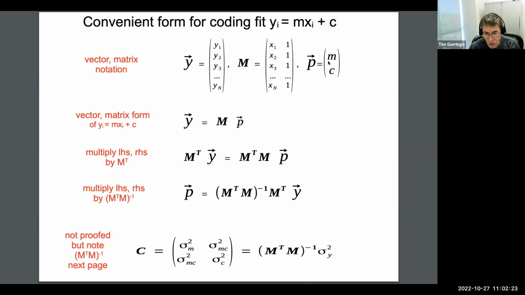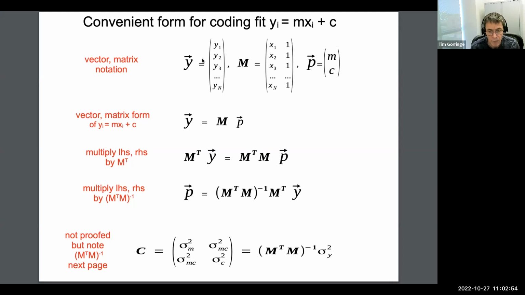It contains the two parameters, the slope M and the intercept C. So if you look at these three new quantities I've introduced, the vector Y, the matrix M, the vector P, they contain the dependent and independent variables, the xi's and yi's, and the fit parameters, slope and intercept, M and C.